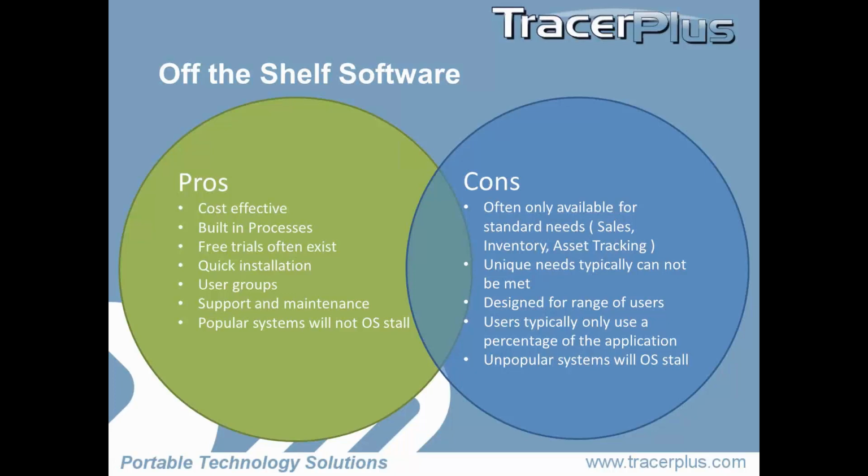Typically, the pros of an off-the-shelf solution are that they're cost-effective. They're being developed for thousands of users, so you're getting a decent deal on what you're paying for. It has built-in processes.